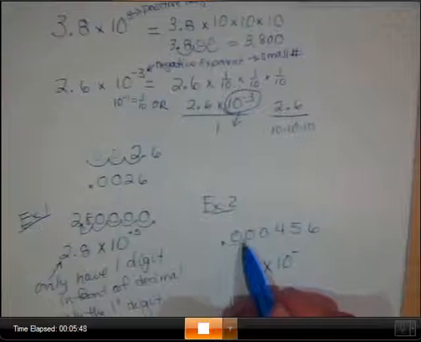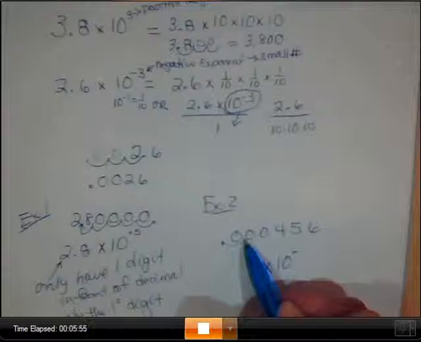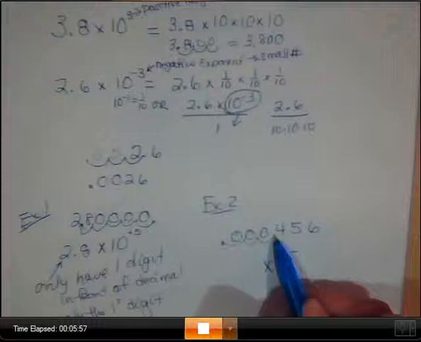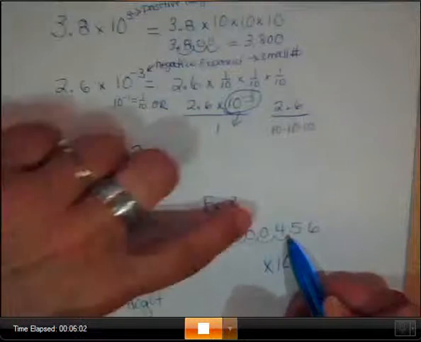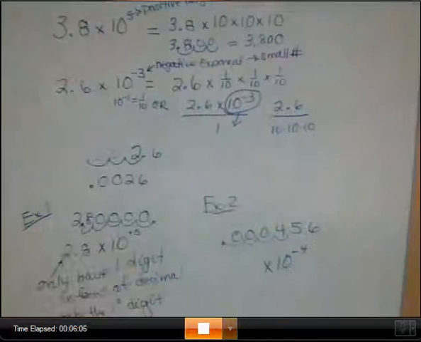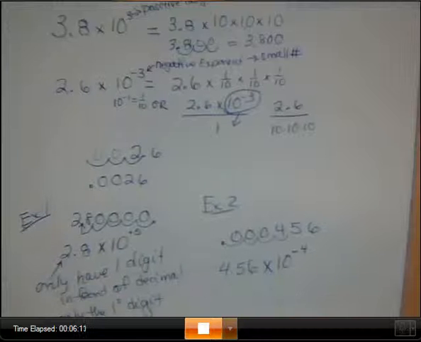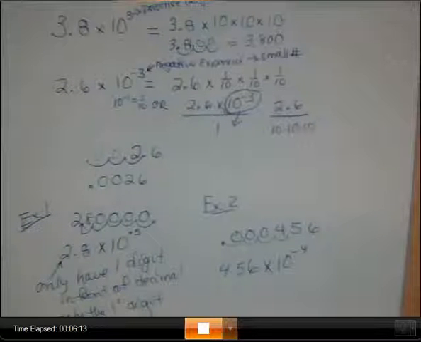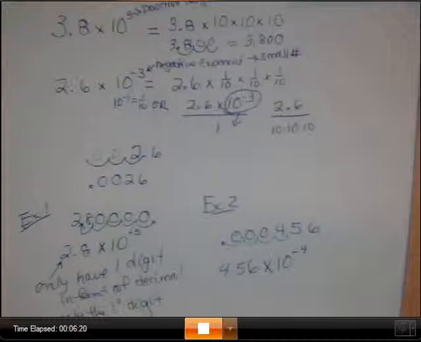If I move it one place, I don't have a non-zero number in front of the decimal, so that's 1, 2, 3. This guy's still 0. That won't work. 4. I've got one number, so I need 4. And it would be 4.556 times 10 to the negative 4th. And that is how you write standard form in scientific notation and scientific notation in standard form.